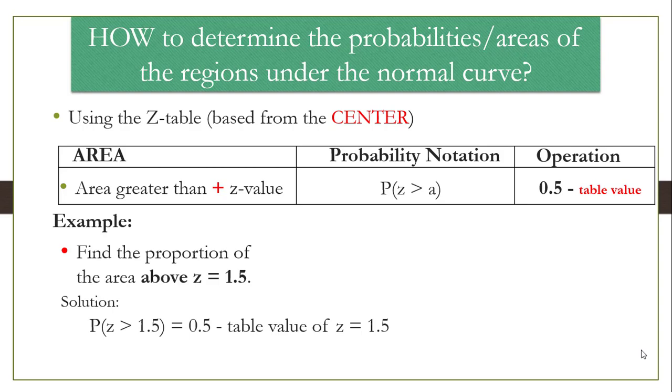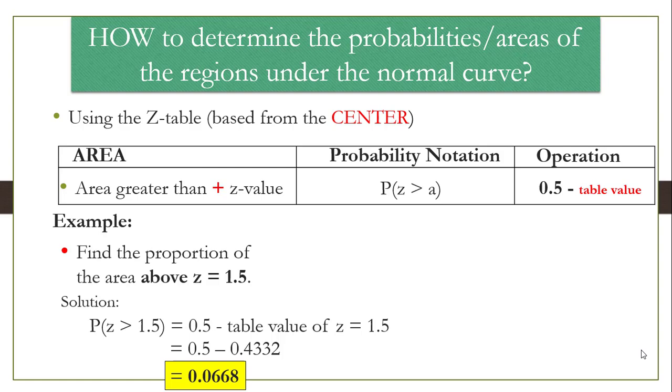In your z table, as you look at the corresponding value of z equal to 1.5, you will get 0.4332. And you subtract that one from 0.5. So, we will get 0.0668.